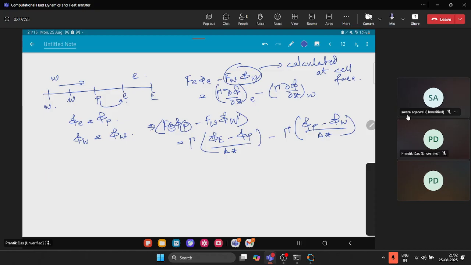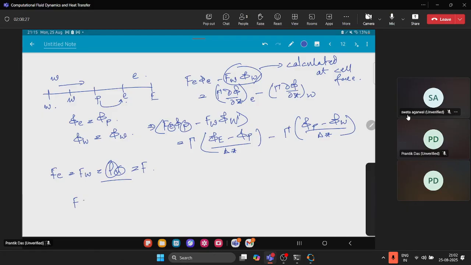Fe and Fw we already know, since in the problem itself u is given and density is given. Since we are solving only one equation, I don't want you to find the velocity from the continuity and the momentum equation. The U value I will give you, for example, 1 meter per second. Rho is the property of the fluid that I will also give. So what remains can be written as capital F, because Fe equals Fw equals capital F because of conservativeness.